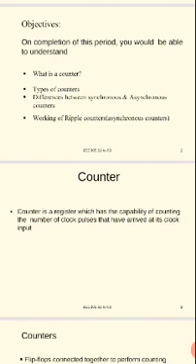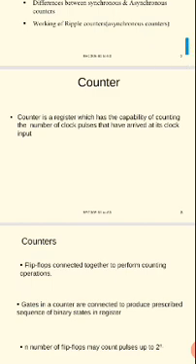In counters, flip-flops are connected together to form counting operations.